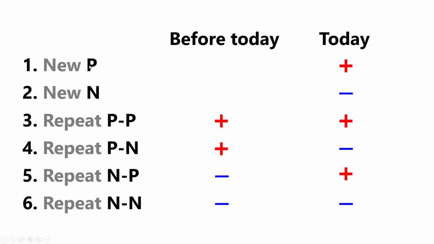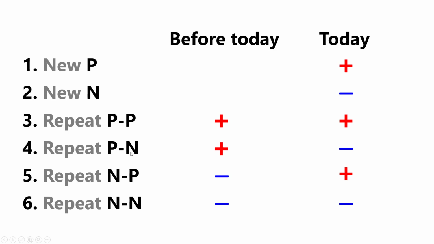So a new positive is a person who's never been tested before today, and they test positive today. A new negative is a person who tested negative today and has never been tested before. A repeat positive to positive is somebody that prior to today we would have classified as positive, which means they had a positive test result in their history and today they test positive.